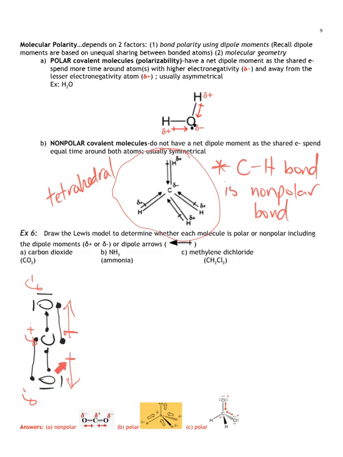The opposite pole is going to cancel the other pole, and so the dipoles cancel out. There is no net dipole, because these two dipoles cancel each other out, and thus the molecule is nonpolar in the end.